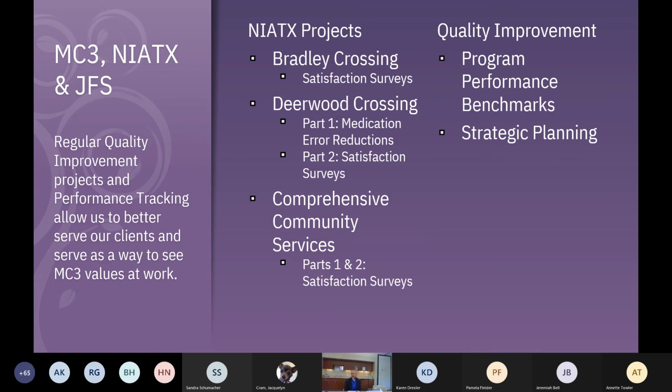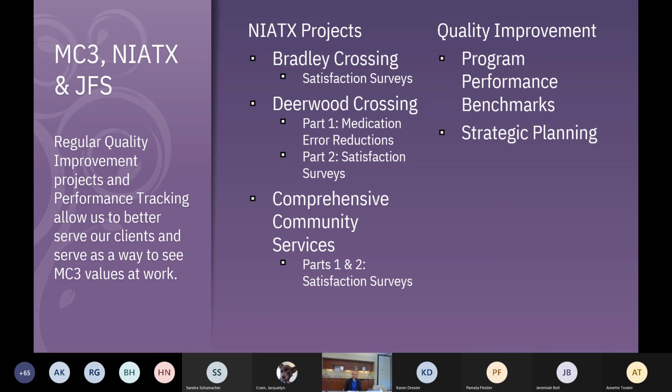So a little bit here about MC3 and NIATx. We've had a couple of different projects that we've been a part of. We have utilized those projects to build new processes, new practices within the agency.